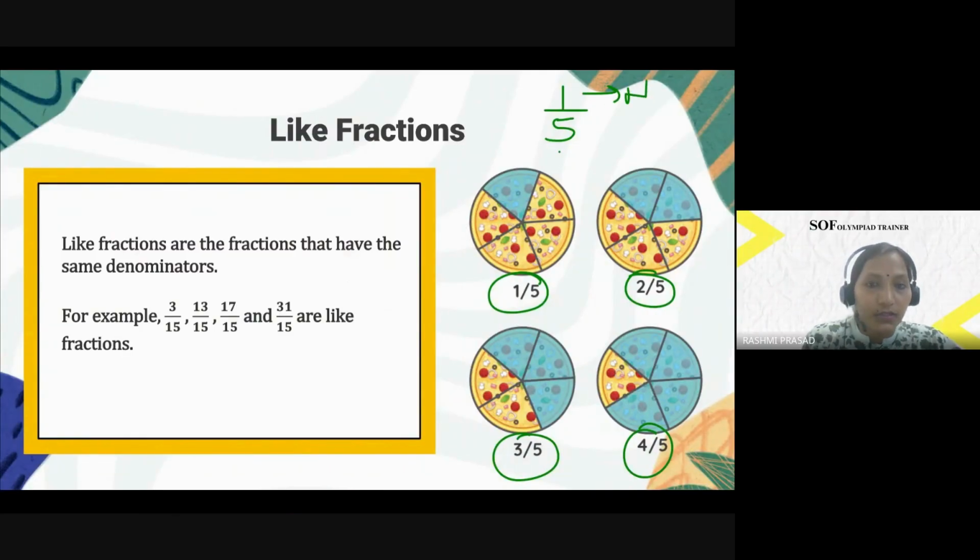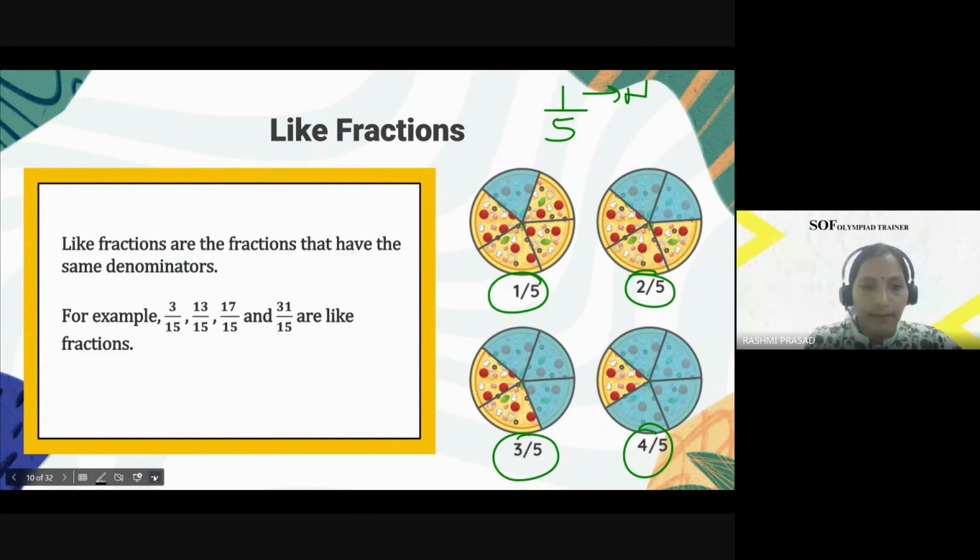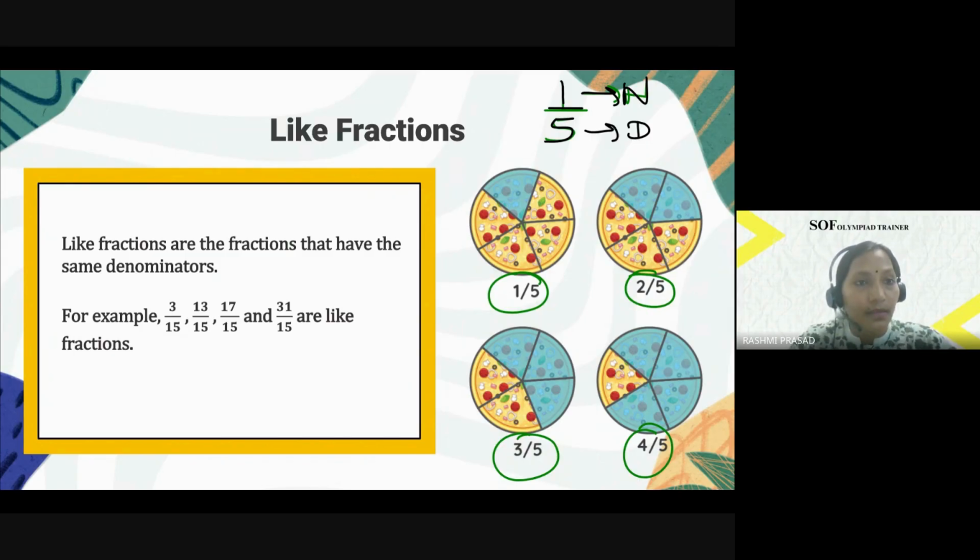So can you see the fraction 1 over 5? Wait, let me use black pen. 1 over 5. In this fraction, 1 is called the numerator. 5 is called the denominator. Is it clear, Roshni? Unmute and speak, beta. Yes, ma'am. Okay. So numerator on top and denominator on the bottom. Denominator is basically the total parts you divided the shape.